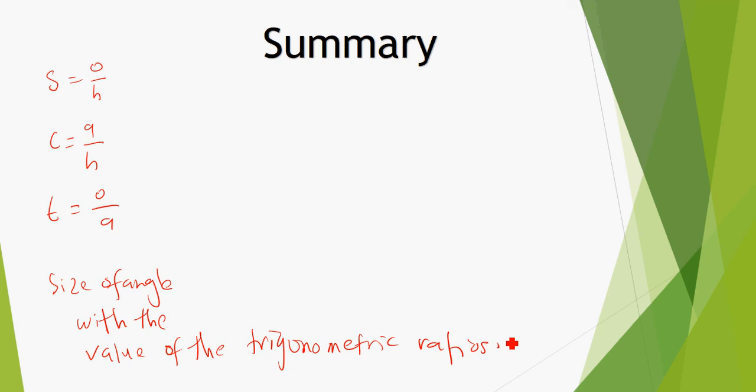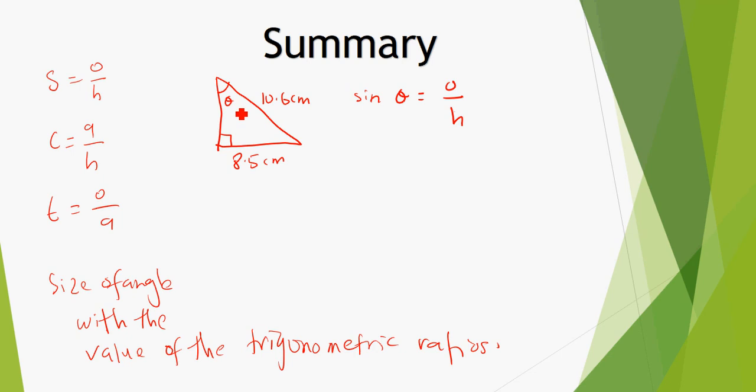For example, I have a right angle triangle here. Let's say this is 8.5 cm. The length of this is 10.6 cm. I want you to find the value of sin theta. The theta is here. The value of sin theta is opposite over hypotenuse.